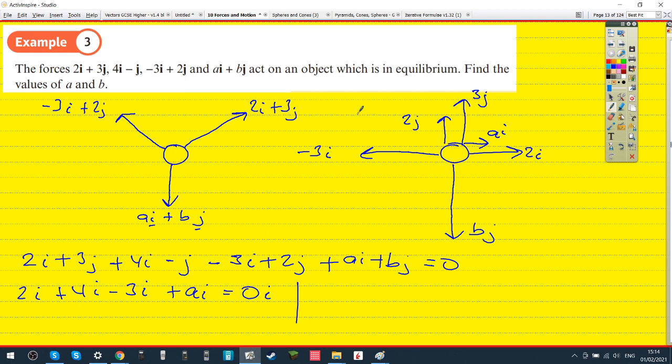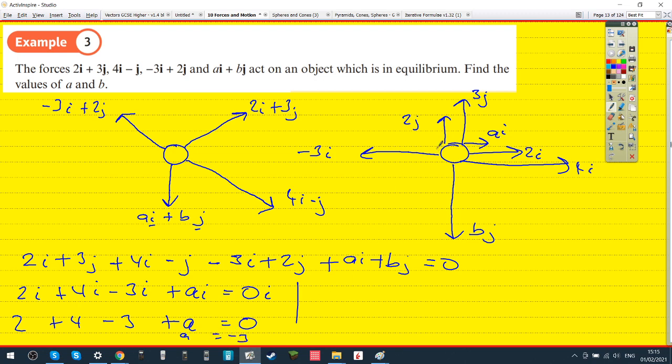Yep. Is it basically just the same as doing 2 plus 4 minus 3 plus x equals 0? Yeah. It'll just be a equals minus 3. Okay, so a is minus 3.